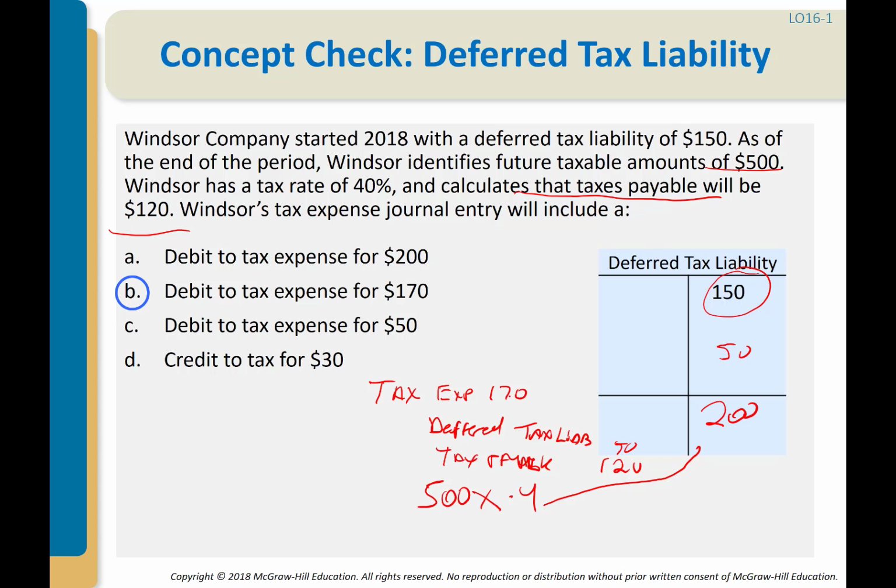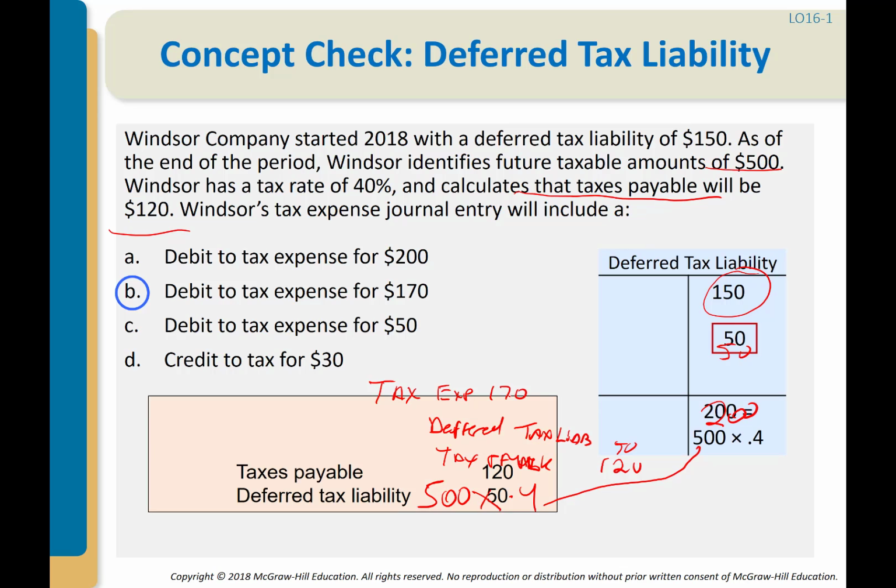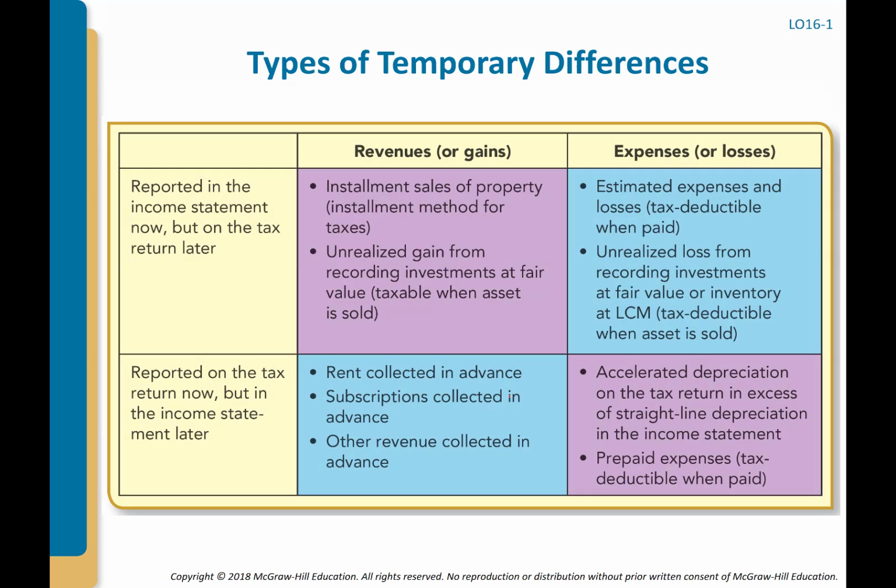They would sit there and look at the future amounts, right? And figure that that's what they have to adjust to come up for the new tax liability. And we'll see in a while, it could be an asset, deferred tax asset. Okay, good. And that's the same answer there.